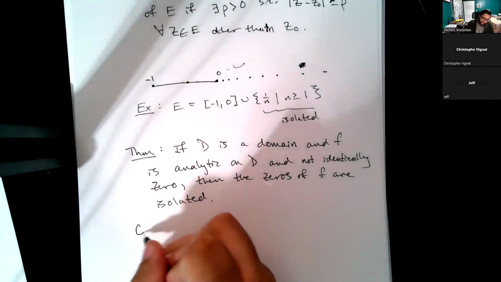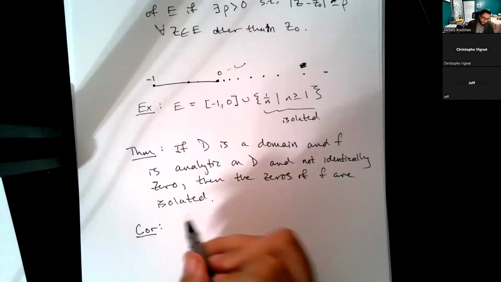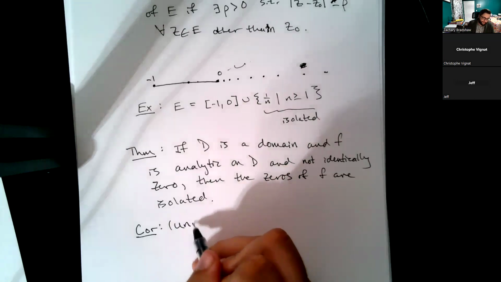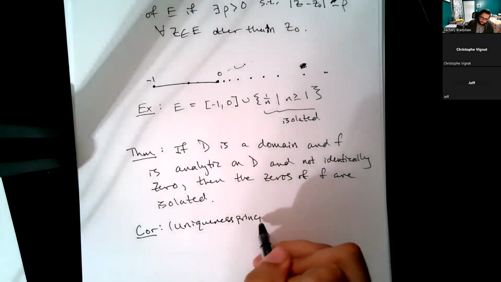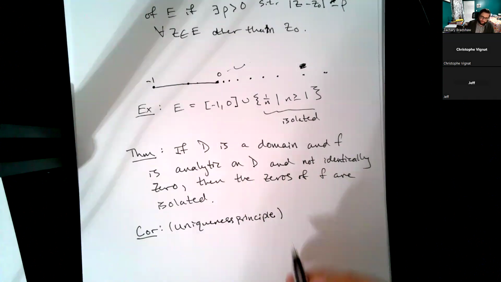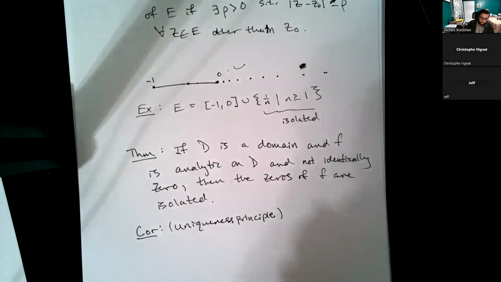And what that is going to tell us is this nice corollary, which goes by the name uniqueness principle. I've also seen it called the identity theorem.